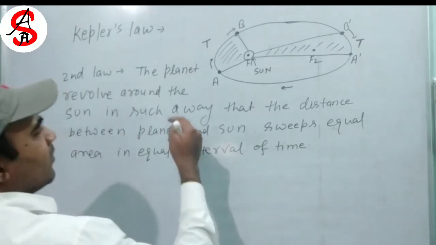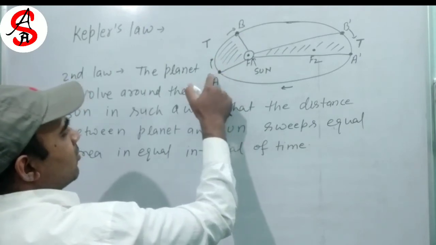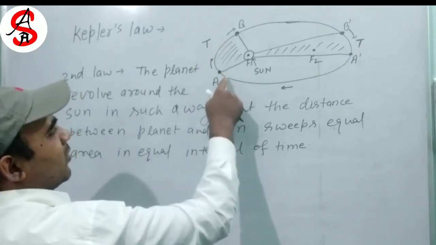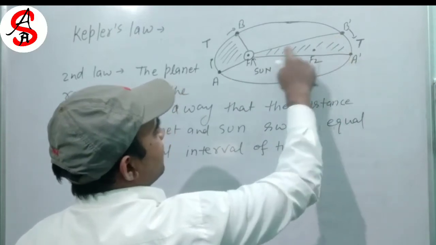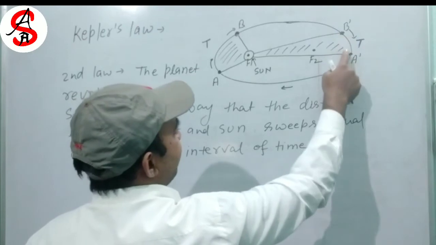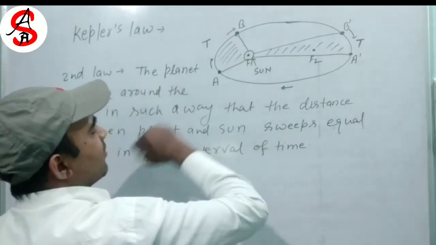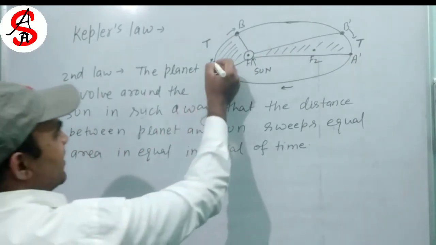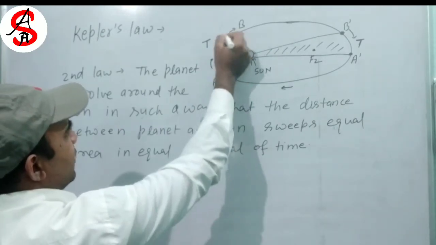So the motion of the planet must be fast here, because this is the large distance, large radius, and the small curve, and here it is the small radius and the large curve. So we can say that in the same time the planet will go from A to B fast here.